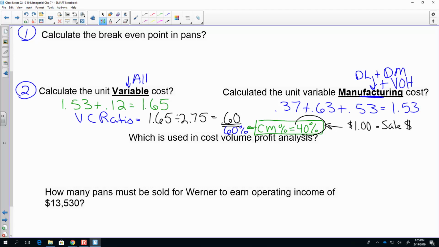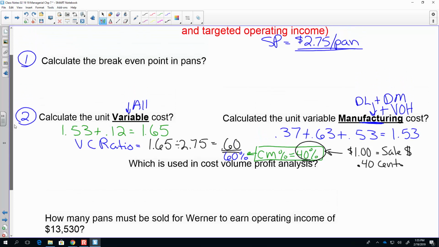So based on the 40%, on every sale dollar, I'm making 40 cents. If I have a product selling for $10, I'm making $4 on that product. So try to use the lingo. The computations are not difficult. It's understanding the terminology and how things work.